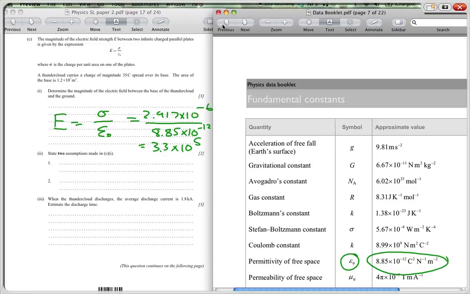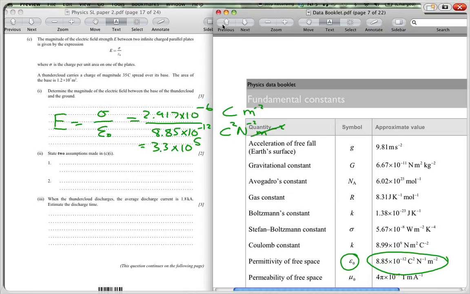And in looking at this here, I've got this unit here is C squared N to the minus 2 meters to the minus 2, and the sigma here was C, and it was meters to the minus 2.